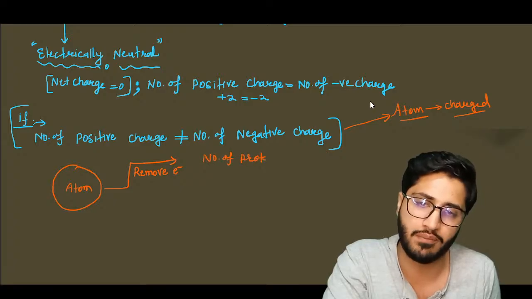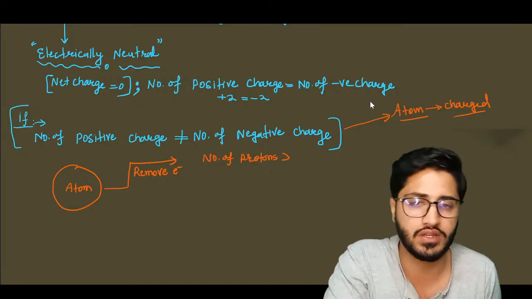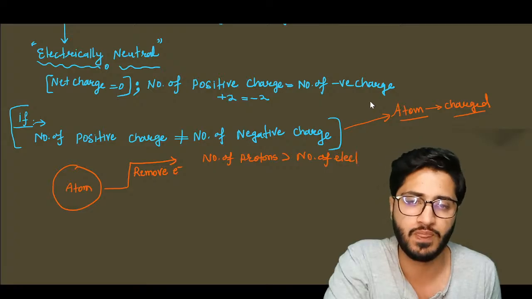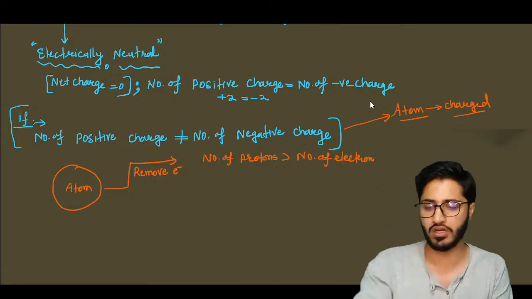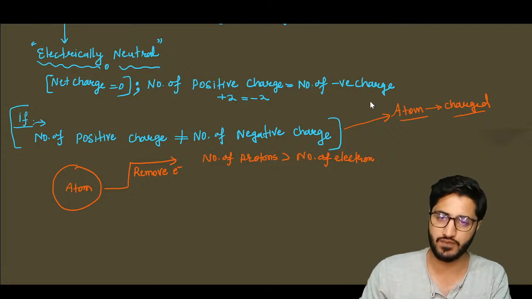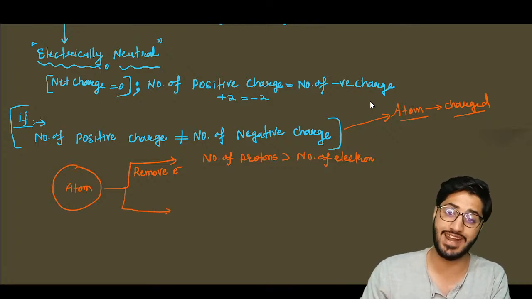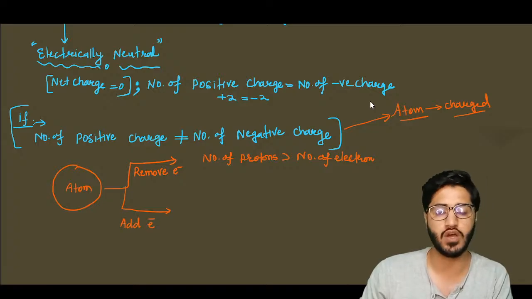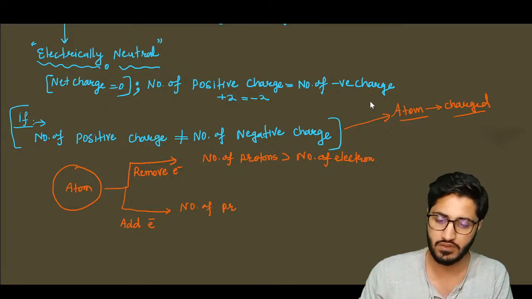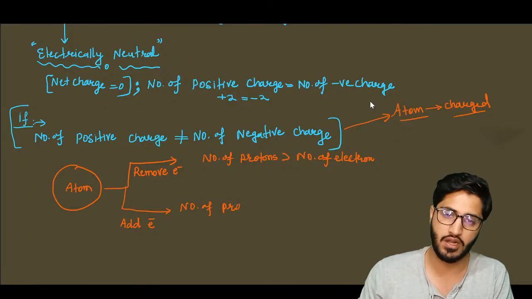We will have the number of protons more than the number of electrons. In the second condition, if we add electrons, what will happen? The number of protons will be less than the number of electrons.